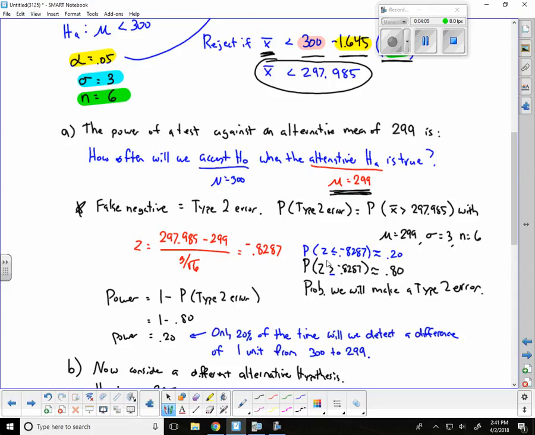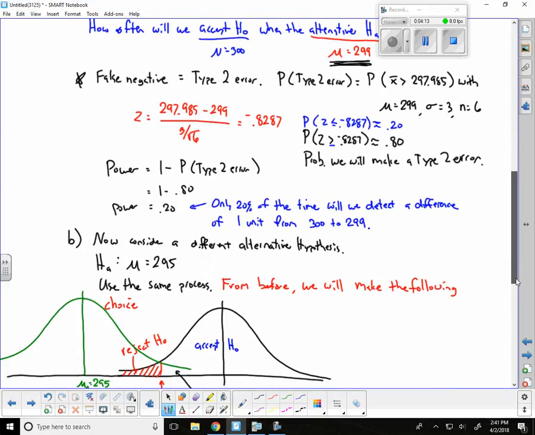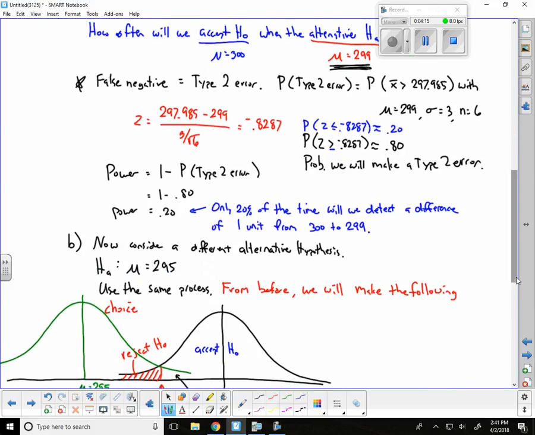And that's the correct decision. So we'll make a type 2 error 80% of the time. The power then is 1 minus that 80%, or 20% of the time. We will detect, that's the key thing, that's the power of the test, we'll detect a difference of 1 unit. So it's very weak power because they're so close. It's very difficult to detect.